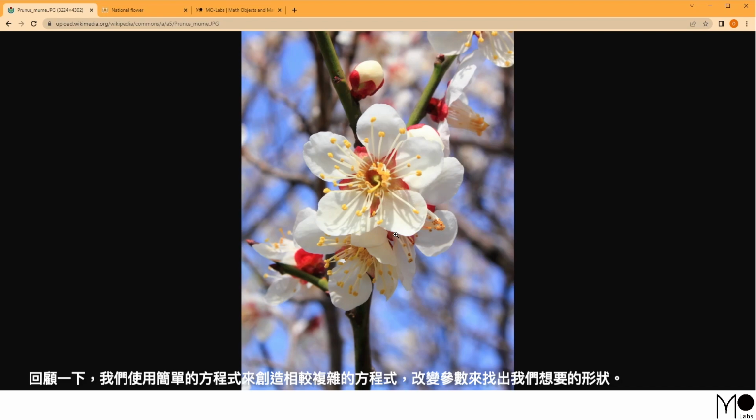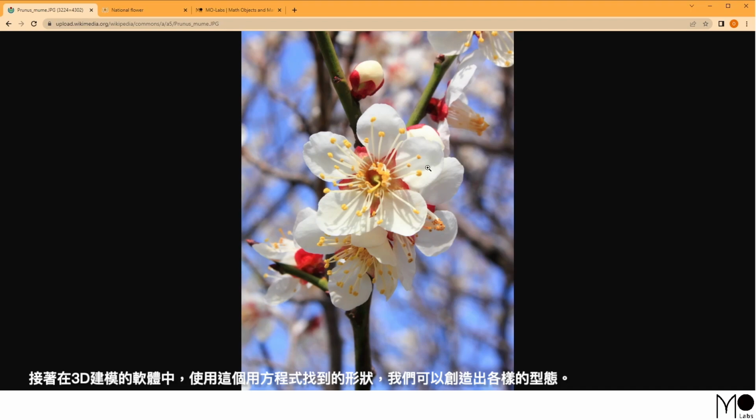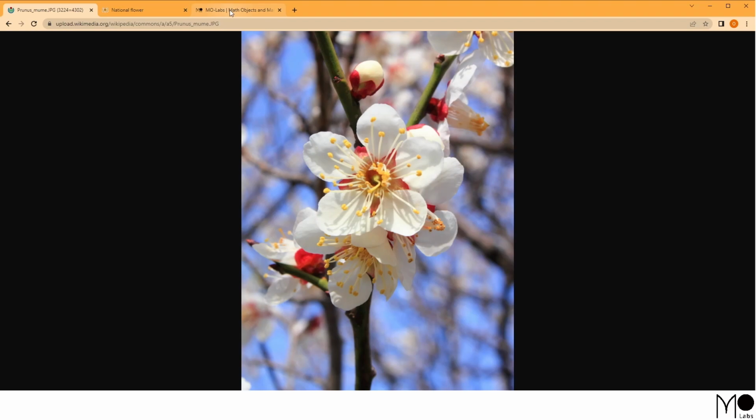And combining these petals, we can use symmetry in a 3D modeler and adding sticks and all this to finally yield tons of different flowers, including the Taiwan national flower.